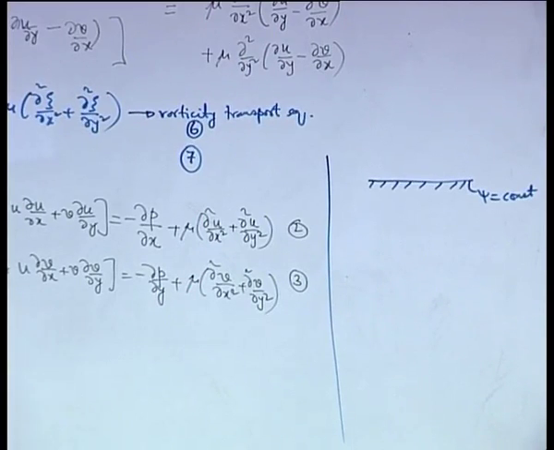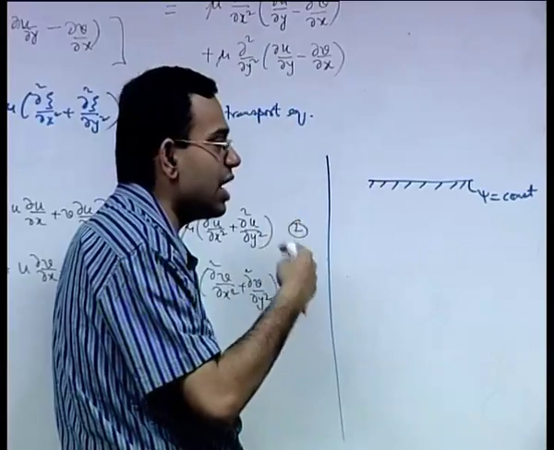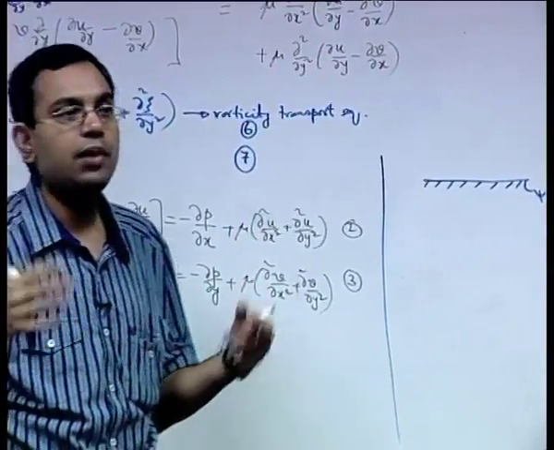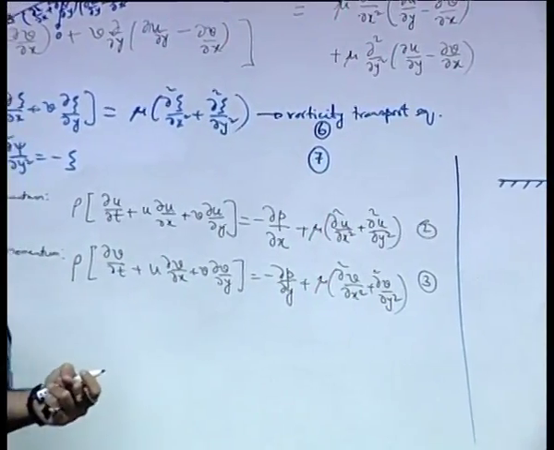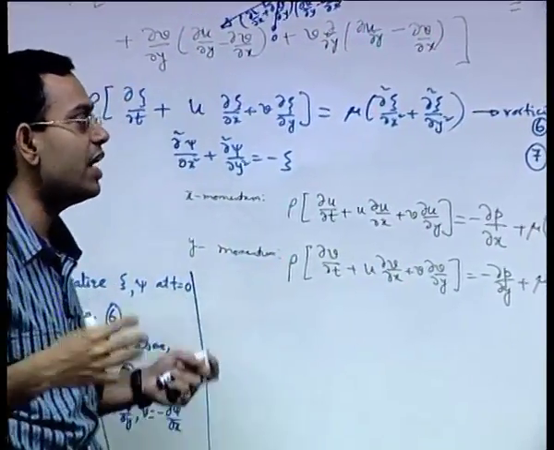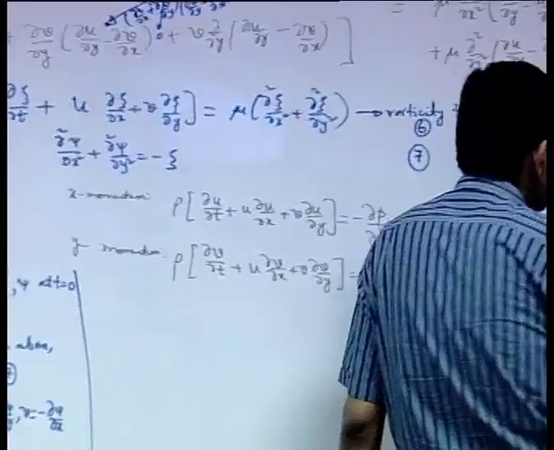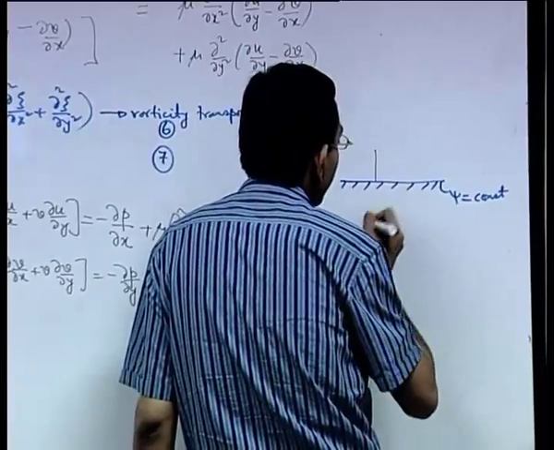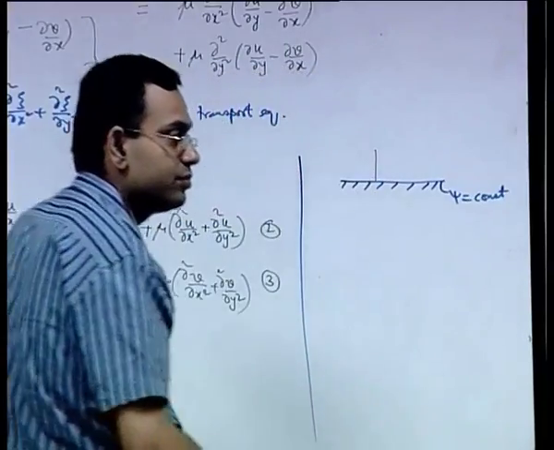These aspects were so important when people started using the stream function vorticity method that there were research papers totally devoted to how to give vorticity boundary conditions for complicated problems, because these were not trivial, at least when this method was first established. Now let us not go into such complications, let us consider a simple case where you want to give vorticity boundary condition at this particular boundary.